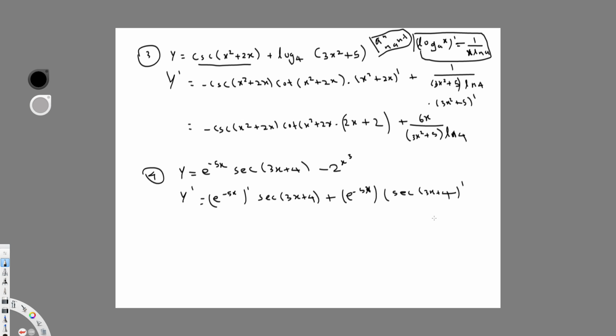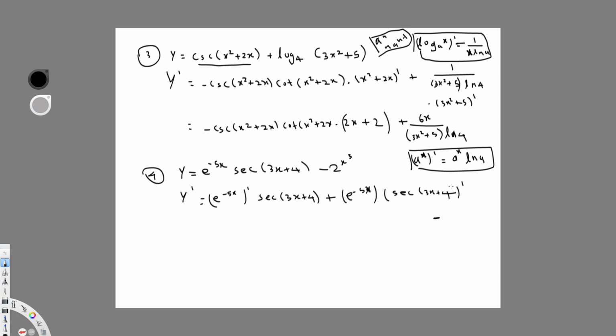And for this thing, 2 to the power of x cubed, what I can do is there's a formula also, so I'll show you that. If we have something like a to the power of x, the derivative is going to be a to the power of x times ln a.